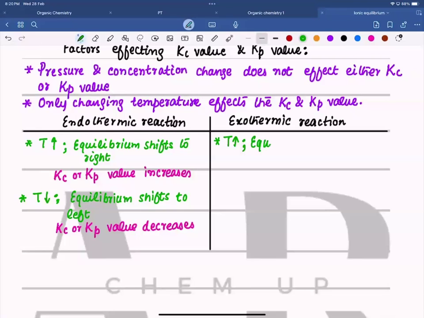So equilibrium shifts to left. As equilibrium shifts to left, more reactant will form and the product decreases, and the products are in the numerator and the reactants are in the denominator. So as a result, the Kc or Kp value decreases in this case. Is this understandable to all of you?